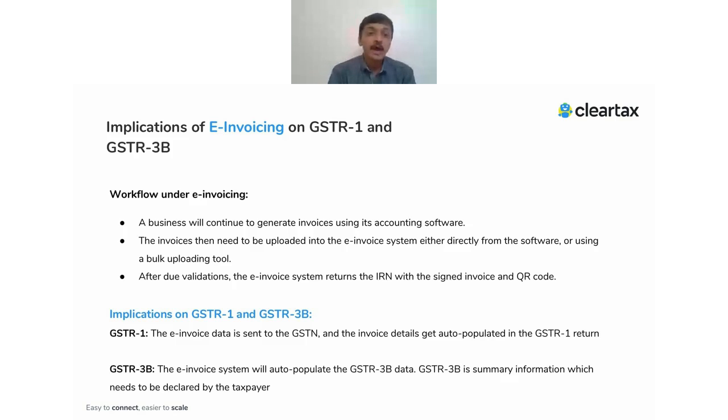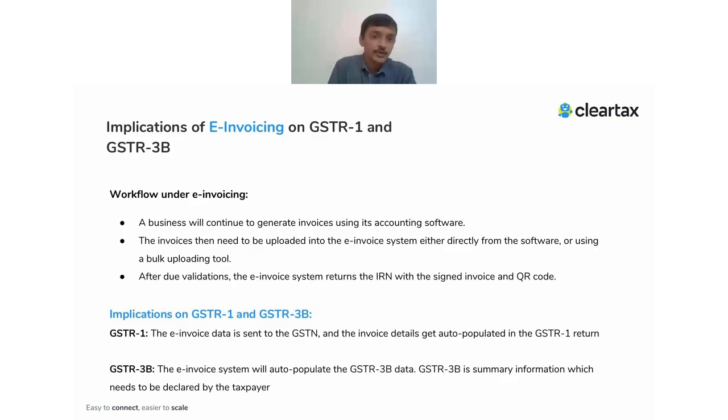that after I file my GSTR1, the 3B has already auto-computed my GSTR1 values, all my outward supplies details, into different tables, that might be 3.1A and 3.1B. 3.1A is my normal sales, 3.1B is my exports or zero rated supplies.